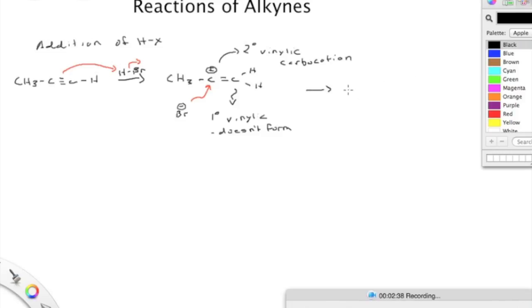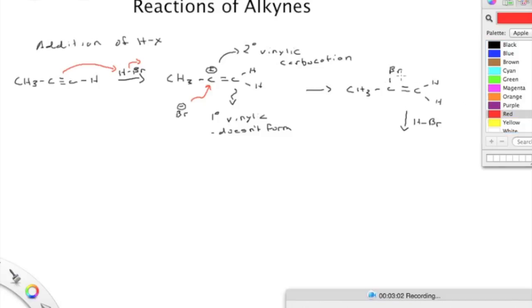And this gives us our initial product. We'll put the Br right here and a double bond.